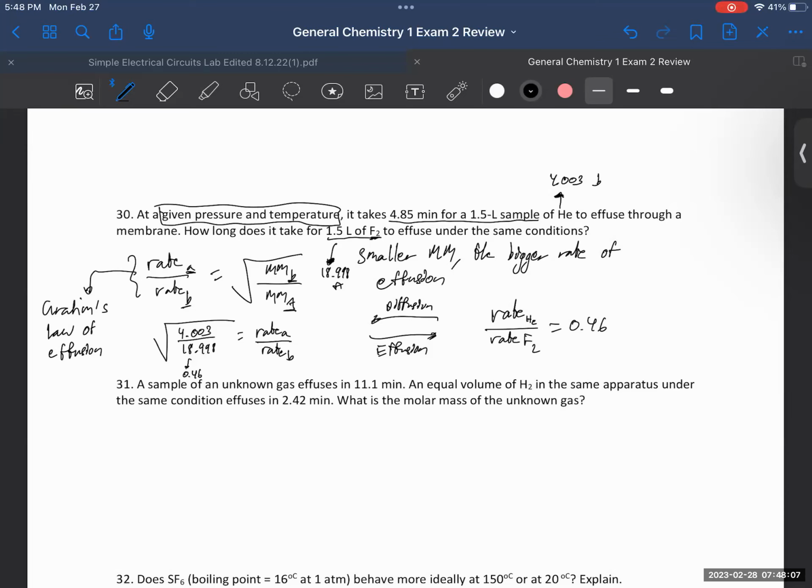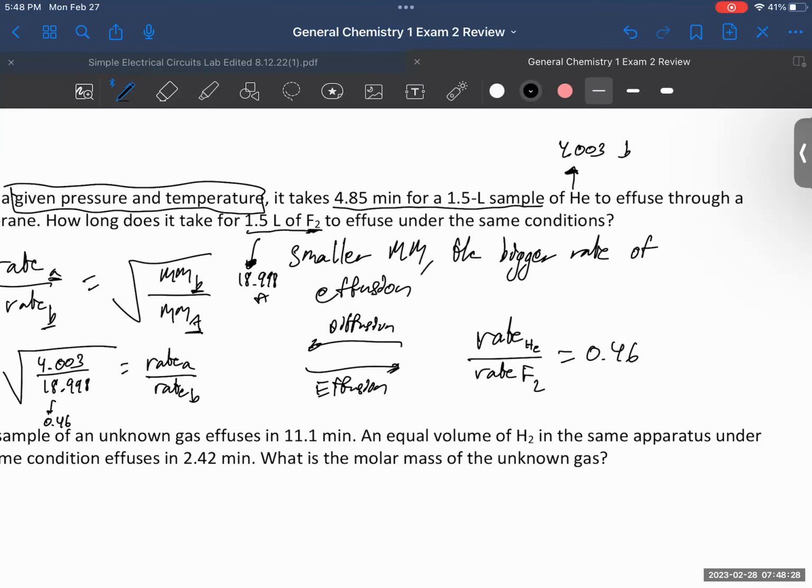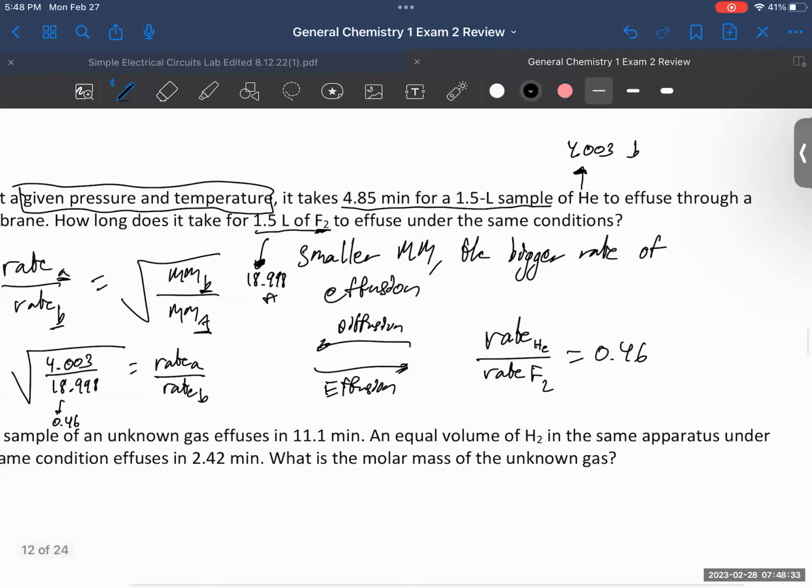So let's go ahead and do that. Or wait. So the rate of helium over the rate of F2 equals 0.46. So it takes 4.85 minutes for the 1.5 liter sample of helium to effuse, under the same conditions.